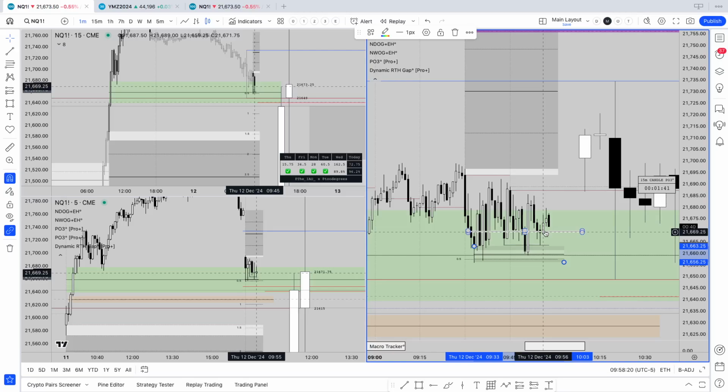Now we're trading up here, but because I'm not in discount, I don't trust this as a long. Okay? But this is how I read the macros if I were taking a long.